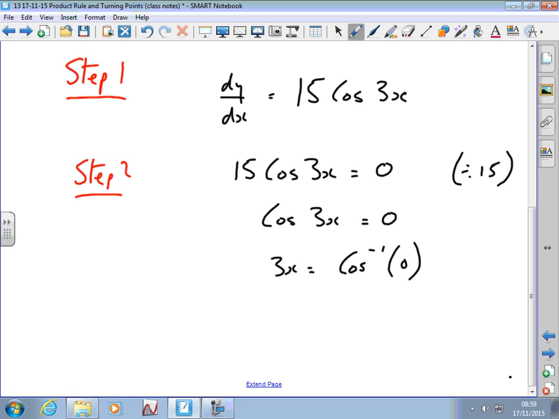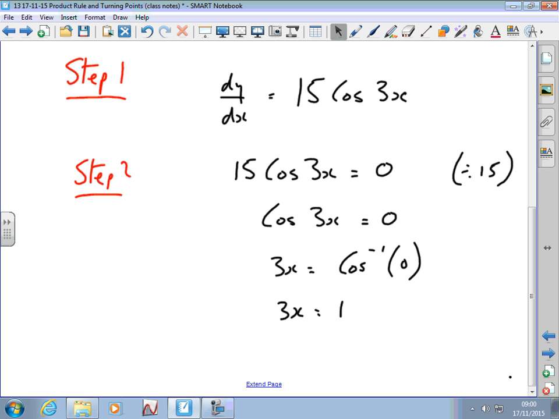And now we look at what cos to the minus 1 of 0 is, but if we can visualize a cosine function, you might be able to tell me what the cosine of 0 is. If I'd asked you to sketch not the sine wave at the beginning but the cosine wave, that would have started at 1. So the cosine of 0, check on your calculator, the angle whose cosine is 0 is 1. So 3x equals 1.